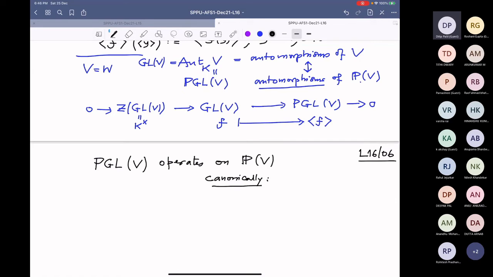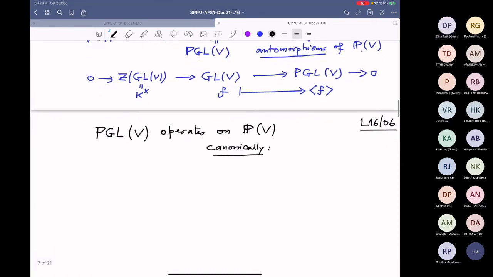What do you study exactly? You study the orbit stabilizers and so on, and from this you get information. So it depends how big the automorphism groups are. If the automorphism groups are bigger, then you have more opportunities to draw more conclusions. If they are smaller, then you cannot draw many conclusions.